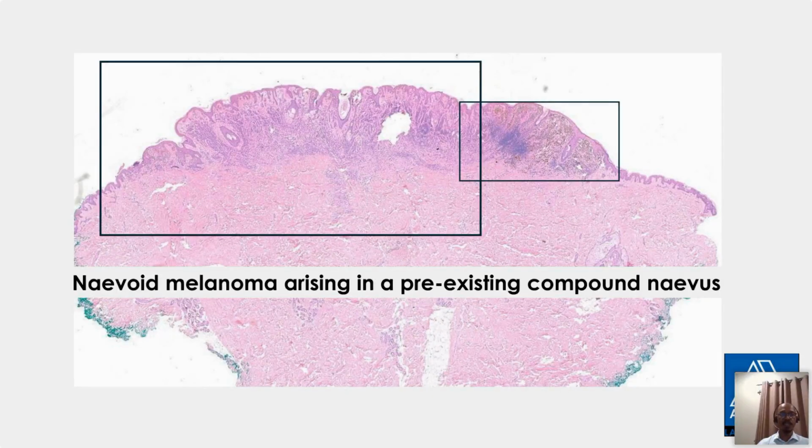So if you take a partial biopsy, depending on where the biopsy was taken, yes, if you go for the darkly pigmented area where it looks a little bit irregular, we will be able to tell you that it's melanoma.